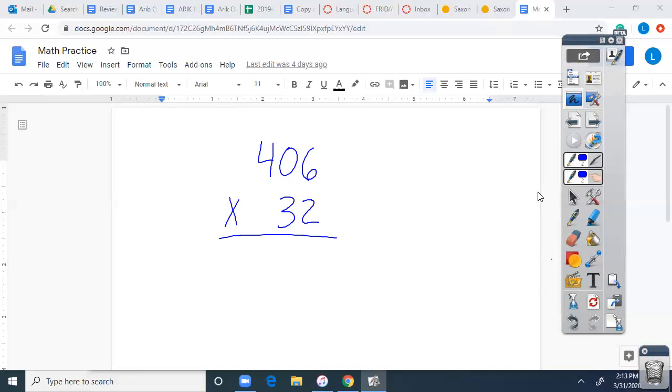If you get it right, then you're ready to work on the homework, because that's exactly what the homework's going to be like. If you get it wrong, then you might want to watch the video from the beginning so you can go through the steps again. It will help your brain. Okay, so pause the video right now, solve it, and then when you get back on, I'm going to go through the steps really, really quick, and then you can check your answer with mine. Okay, pause the video now.